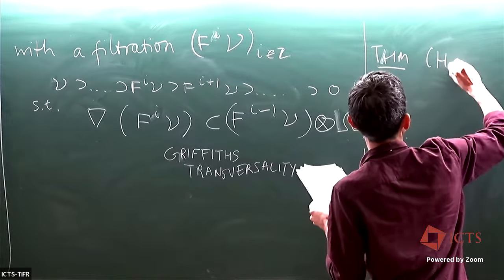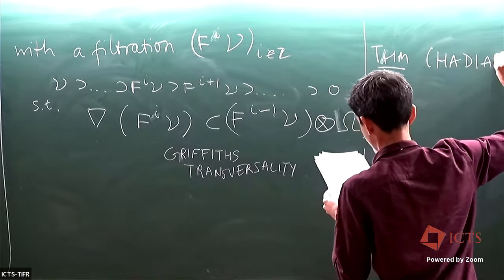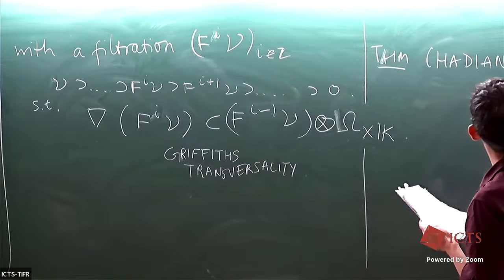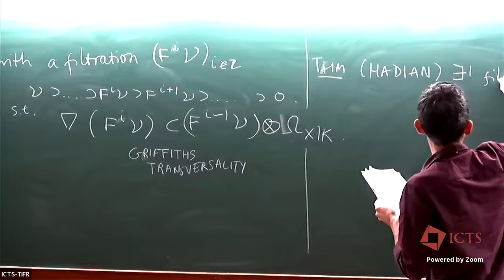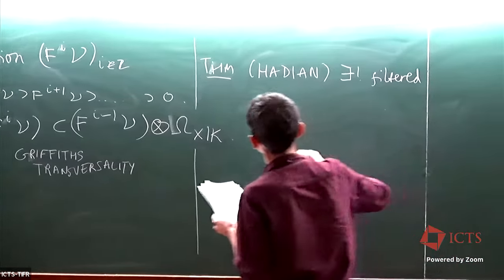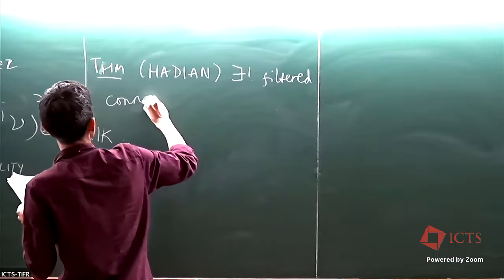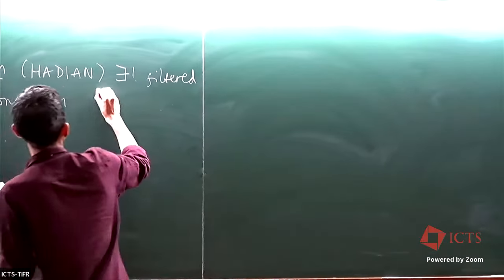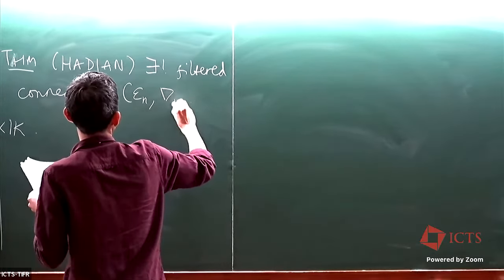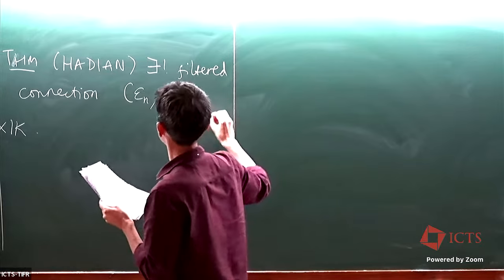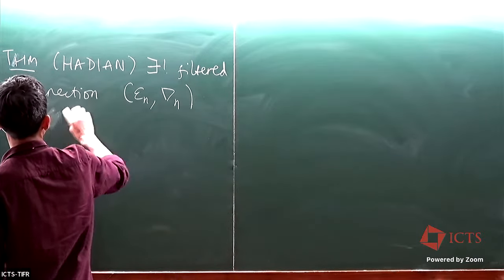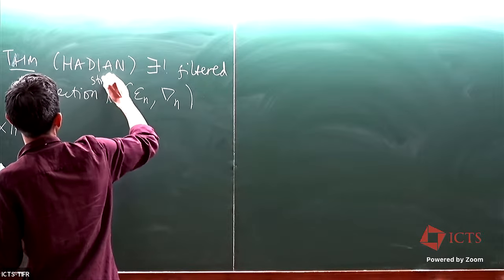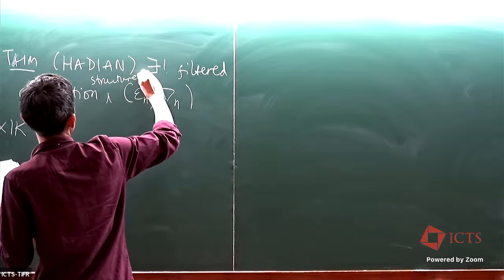This is due to Majid Hadian. So we have a flat connection, (E_n, nabla_n).